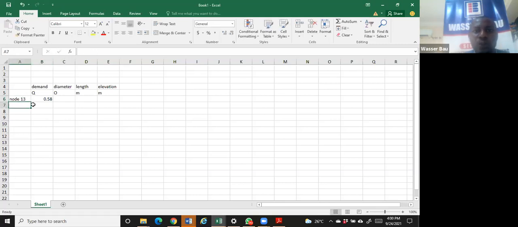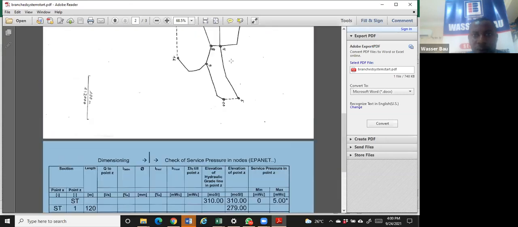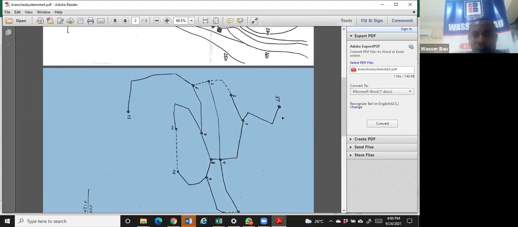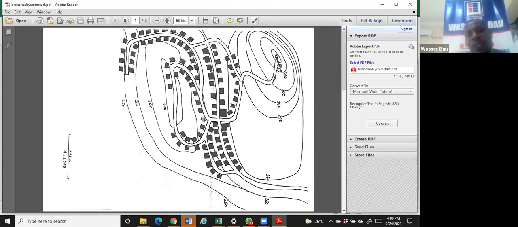So the next node is node 6. I have to do it sequentially. So what do you have in node 6? How many houses are connected to node 6? This is node 6 here.